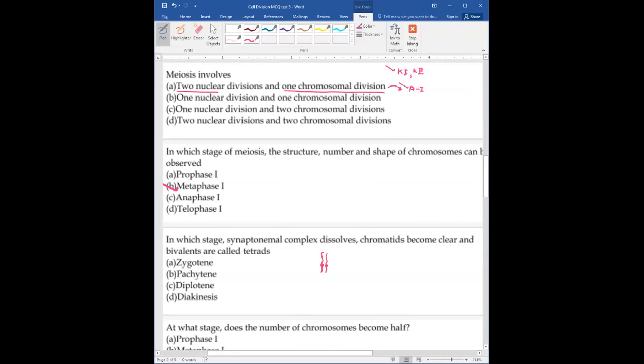When is this thing going to dissolve? The chromatids become very clear, and they are going to be known as your tetrads. Please try this, because this is also a very important question, guys.